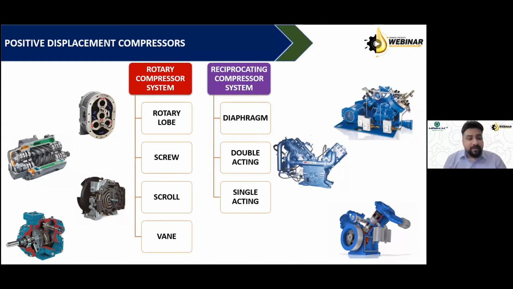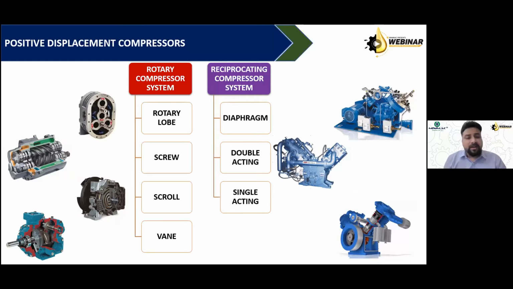The second type is the screw compressors. These screw compressors are highly economical compressors, and these are used for applications like instrument air and service air related compression applications. So here you can see there are certain screws which are getting meshed to each other. As compared to the lobe compressors, the noise levels are lower.